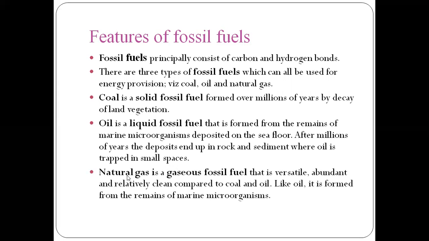Next is natural gas. Natural gas is a gaseous fossil fuel that is versatile, abundant, and relatively clean compared to coal and oil. Like oil, it is also formed from the remains of marine microorganisms.